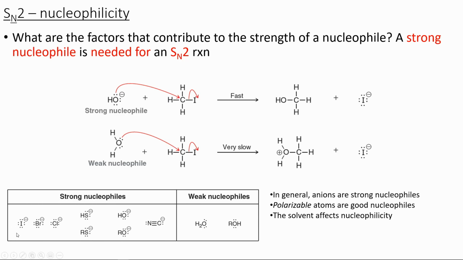So here's a list of all of the strong nucleophiles. And we have some weaker nucleophiles that aren't anions but still have a lone pair that can engage in nucleophilic attack. The reaction of a strong nucleophile is going to be very fast compared to a reaction with a weaker nucleophile.